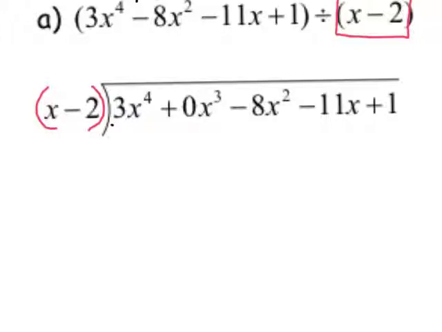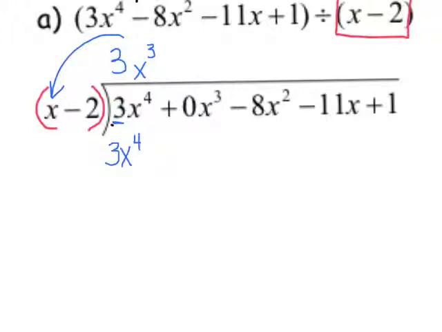Well, I need a 3 because I have a 3 here. And then I need more x's. This is going to be x cubed because x cubed times this x gets me to the x to the fourth.